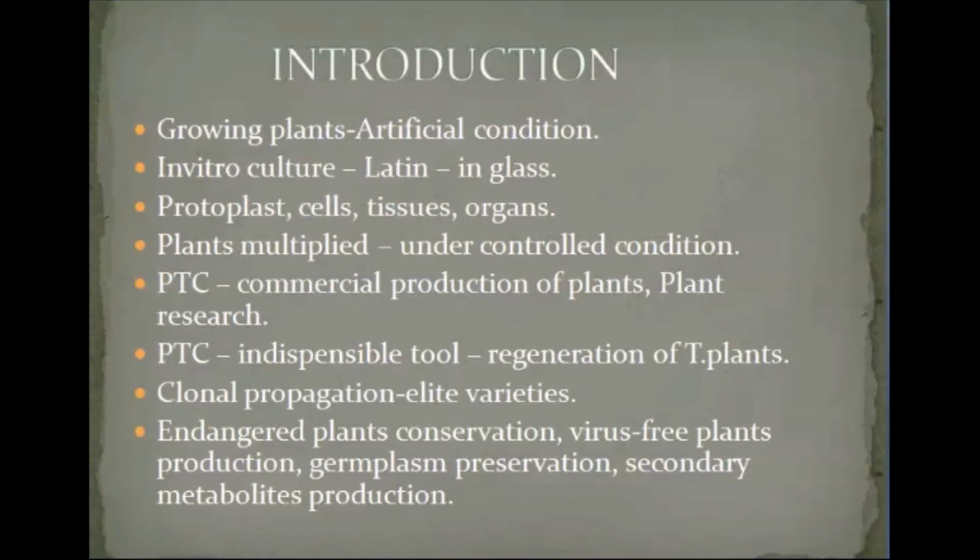Hybrid bananas are produced in large amounts. So for commercial plants they use plant tissue culture, and especially for plant research they use plant tissue culture techniques. In plant research, we need to observe all the stages of growth step by step, so for that we can go for plant tissue culture techniques.